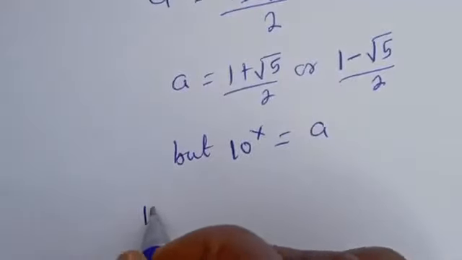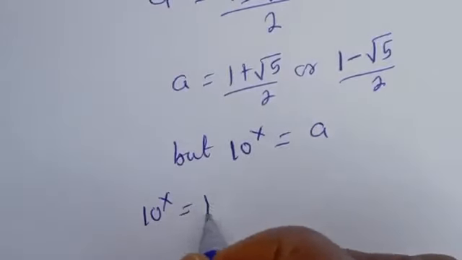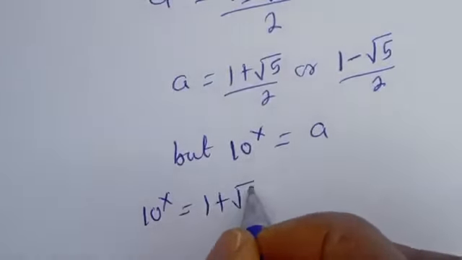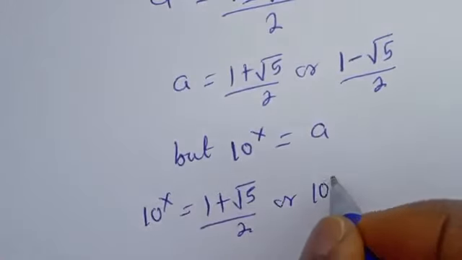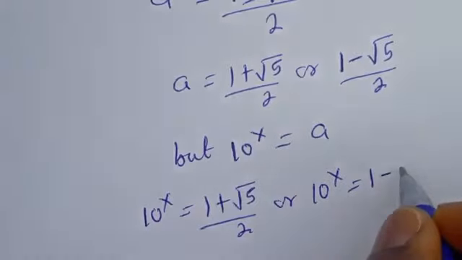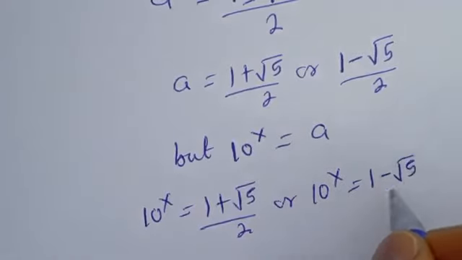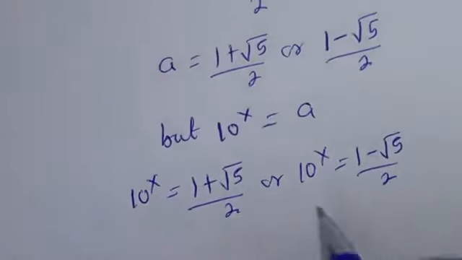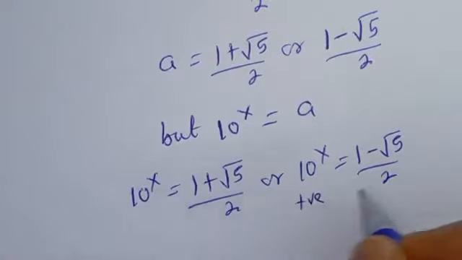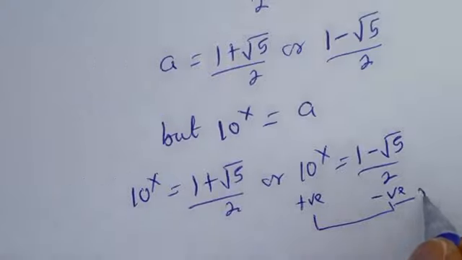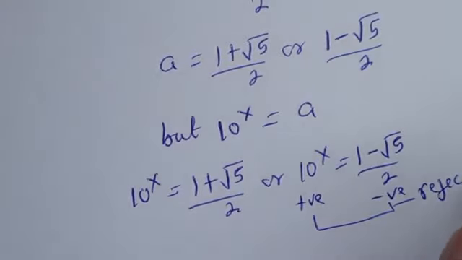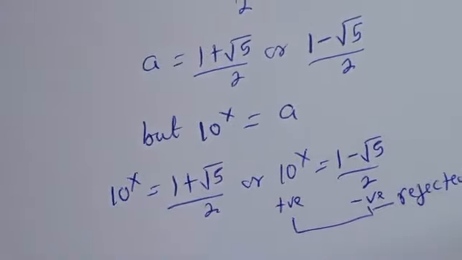Then 10 to the power of s is equal to 1 plus root 5 over 2, or 10 to the power of s is equal to 1 minus root 5 over 2. So this is positive, this is negative, so this is rejected.